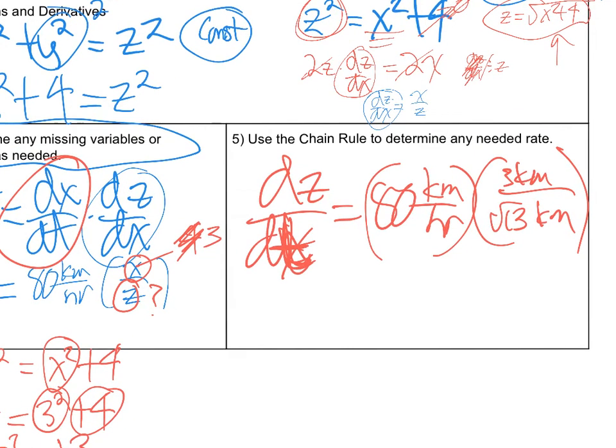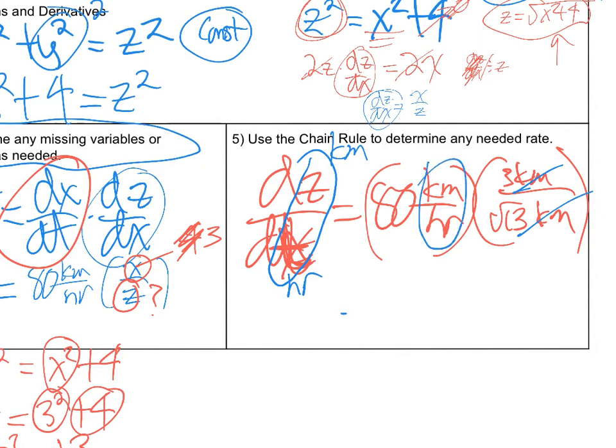Now, what's nice about this is you can always check your units, because remember when we did the chain rule, our units came from there. So z is measured in kilometers, t is measured in hours, and I can divide those kilometers out, and what I'm left with is kilometers per hour.